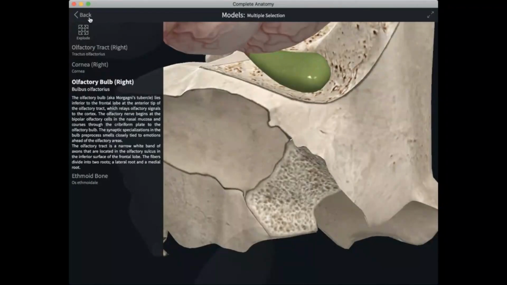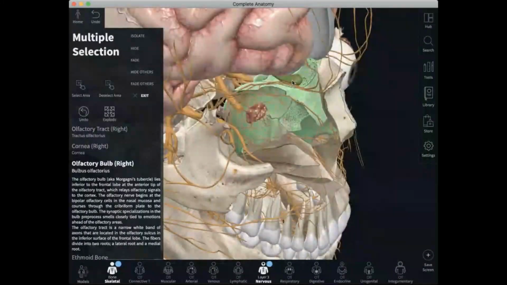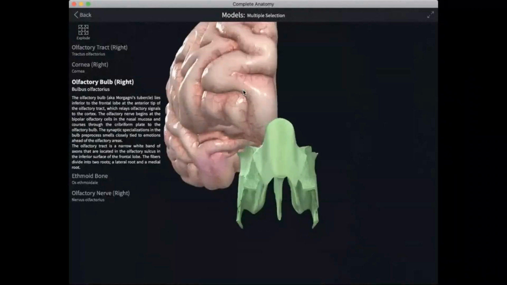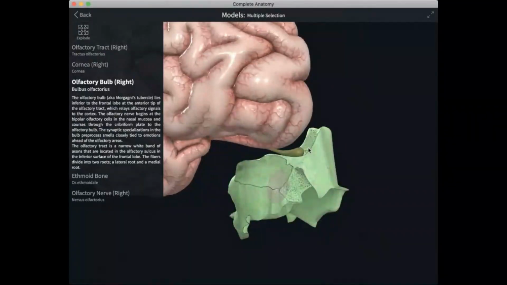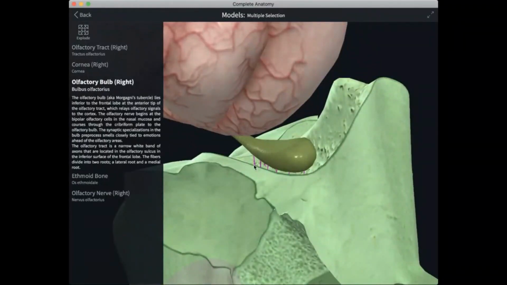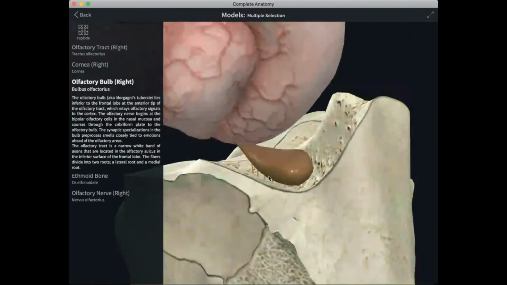Now I want to go back and select some more structures. If you observe carefully, you can see lots of fine branches of this olfactory nerve piercing the ethmoid bone here.